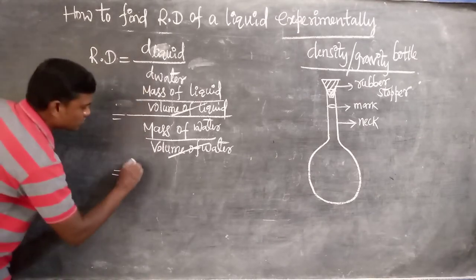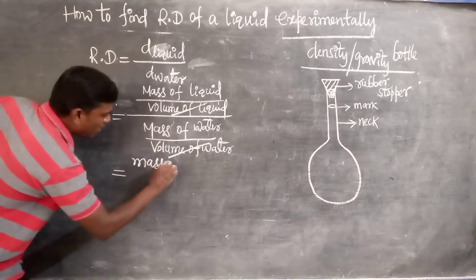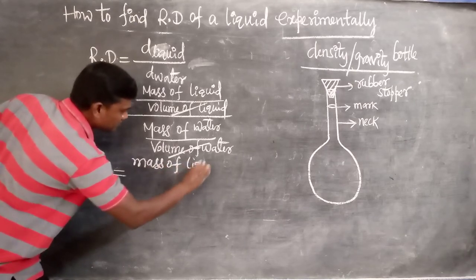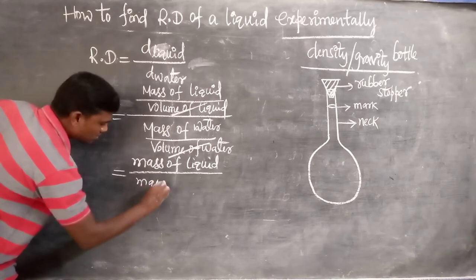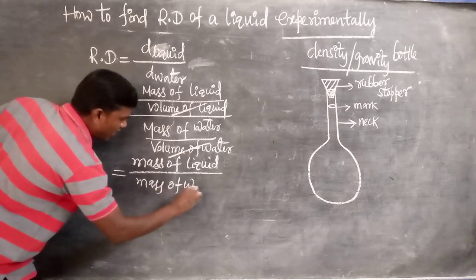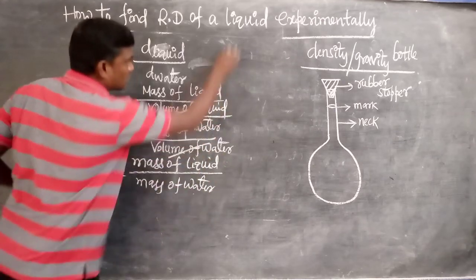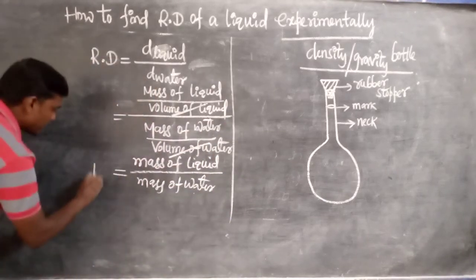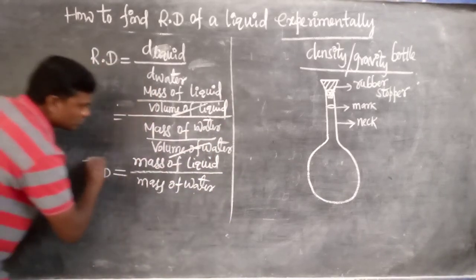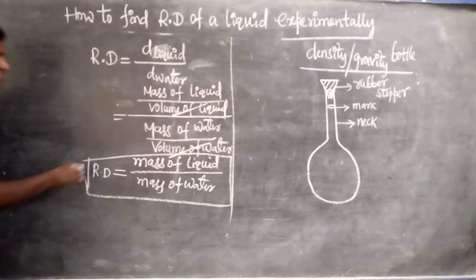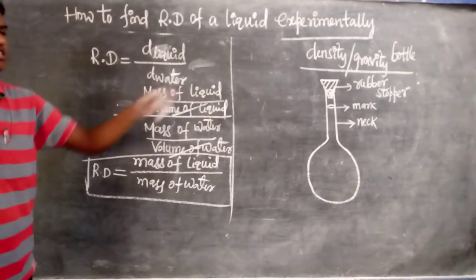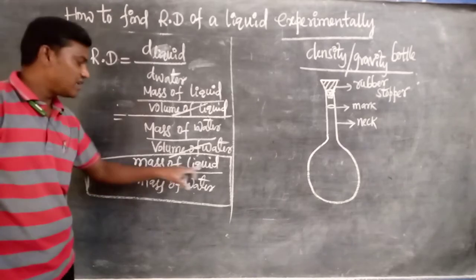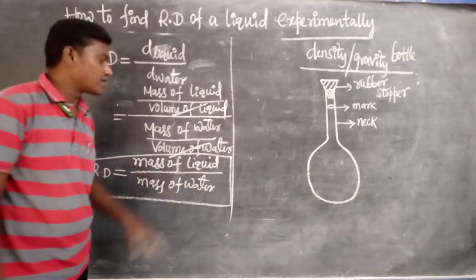That is equal to mass of liquid upon mass of water. So this is the formula to find the relative density of a liquid experimentally by using the density bottle: mass of liquid upon mass of water.